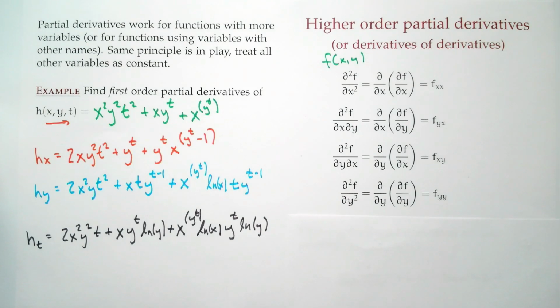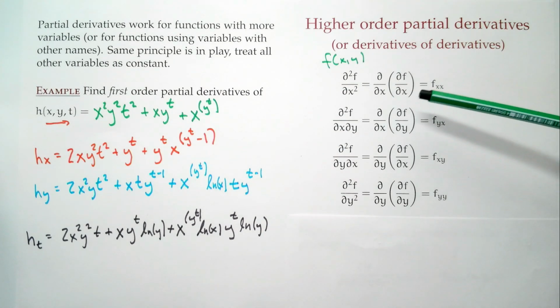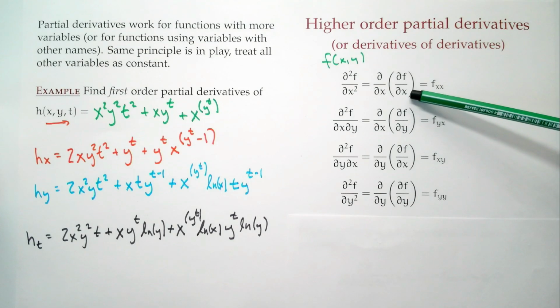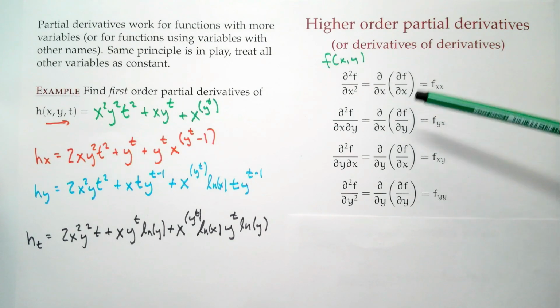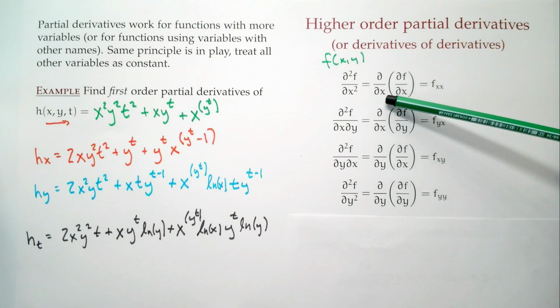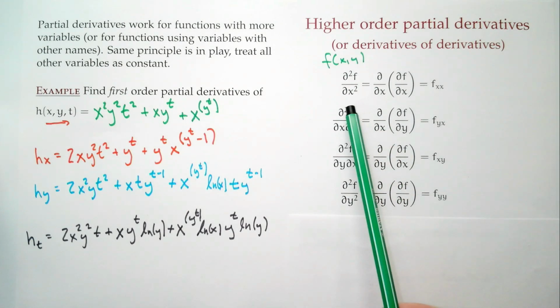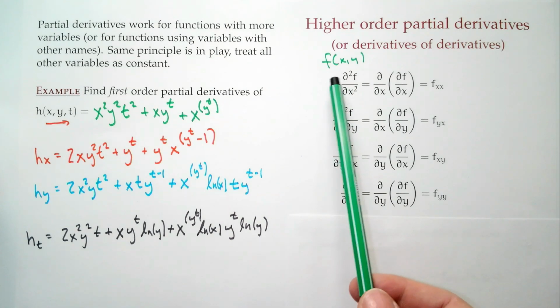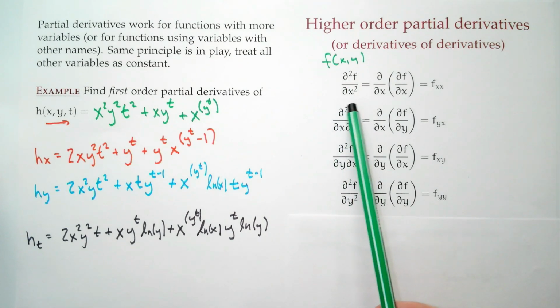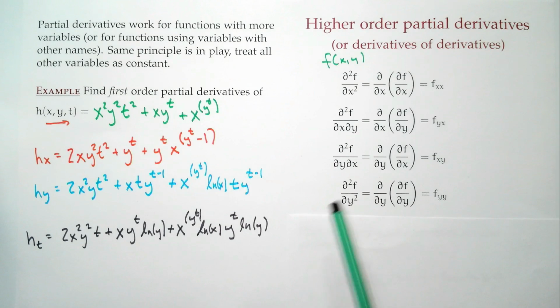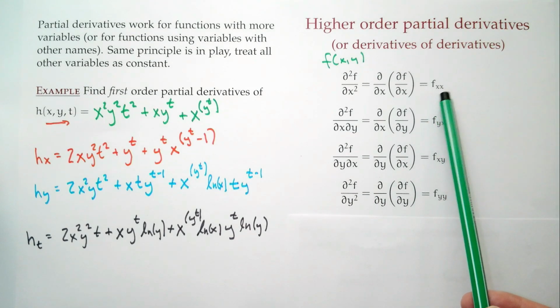The reason I say there are four is because I have to make a choice of which one comes first. So I can take the derivative with respect to x as the first round, and then take the derivative with respect to x again in the second round. That's the derivative with respect to x twice. In terms of notation, we can write that as the second derivative, partial squared f, partial x squared, so two derivatives of x, or as f sub xx.